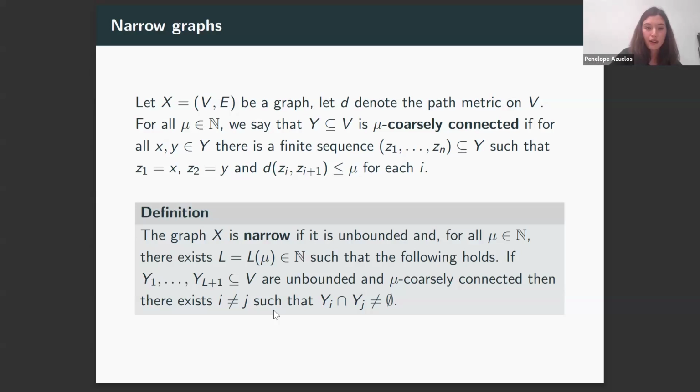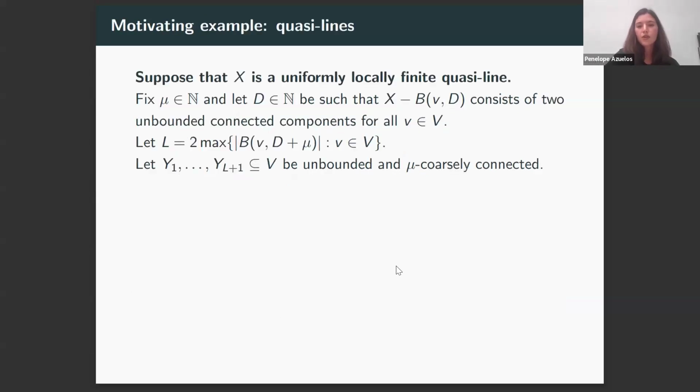And it turns out that this is the relevant property of quasi-lines to look at. So let's see that it actually holds for those. And hopefully this should seem quite reasonable. If I'm looking for a geometric condition that is going to imply virtual fibering somehow, then if I have a quasi-line, it should definitely verify the condition.